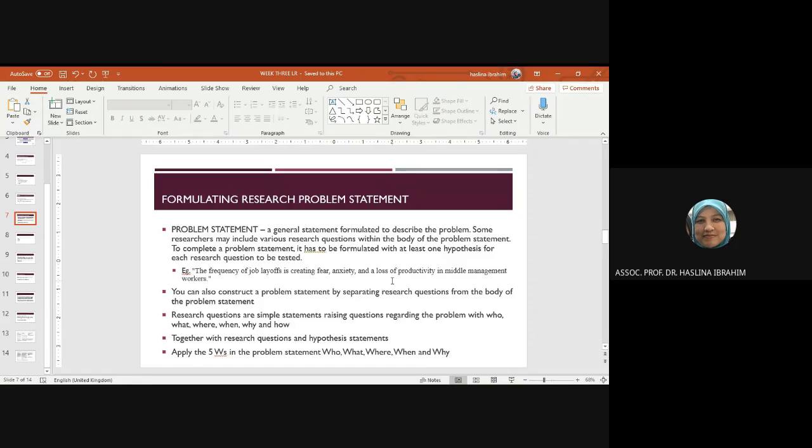This is one technique, when you have designed your research questions and you export them to the problem statement. I don't like this technique because you will repeat yourself from the research questions. So normally I will change those research questions into statements.